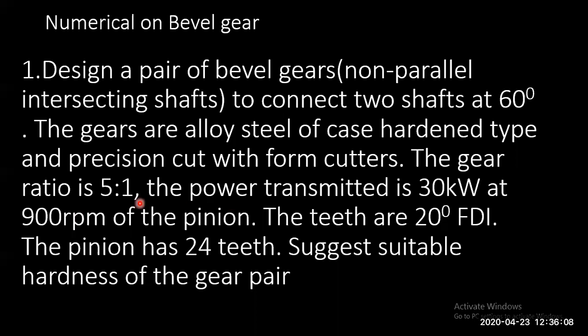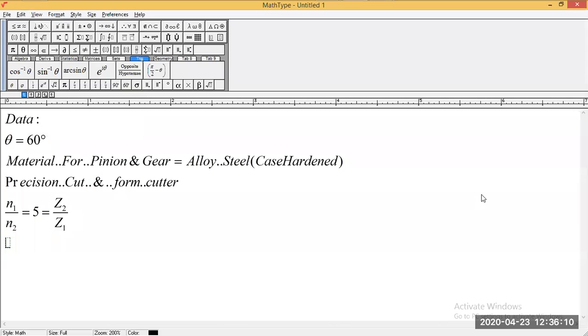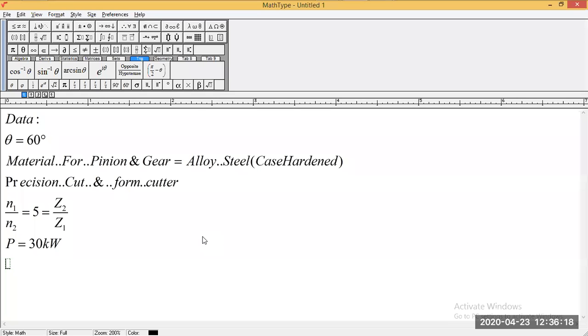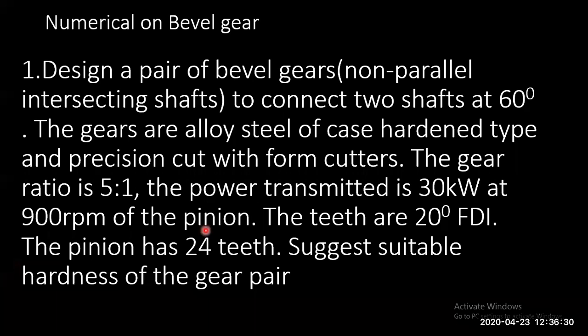Next, what else is given? The power transmitted is 30 kilowatt. So power P is given 30 kilowatt. Then 900 RPM of the pinion. Pinion means it is N1, right? So N1 is 900 RPM, and the teeth are 20 degree FDI.